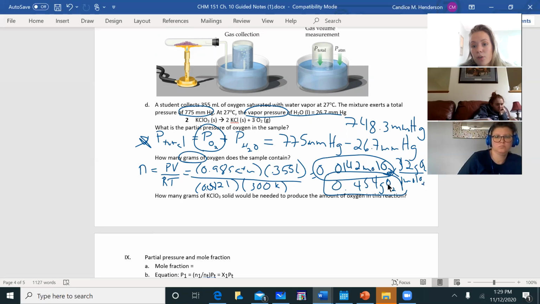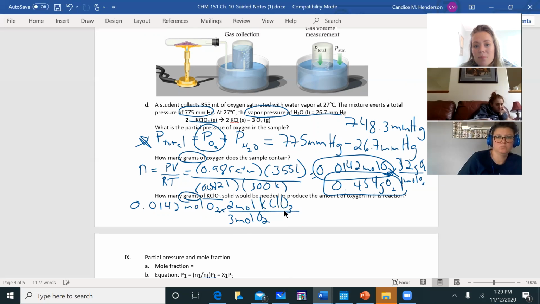I'm going to go from the 0.0142 moles of O2. It's asking about the solid over here. I can just use my ratios, right? So for every 3 moles of O2, we are going to have 2 moles of the KClO3 being decomposed.